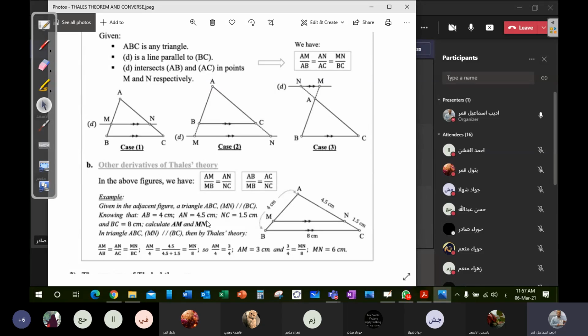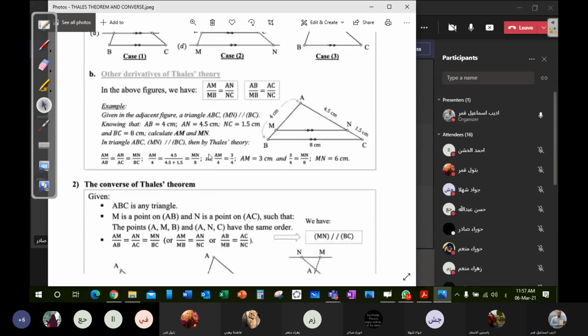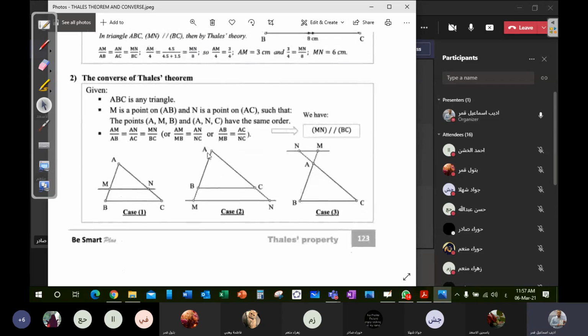Okay, now we also took the converse of Thales theorem, the converse property of Thales theorem.